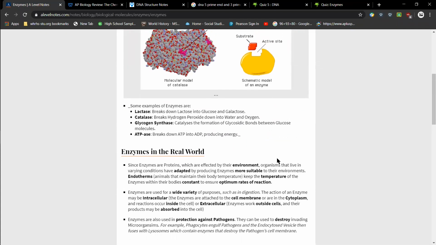So enzymes are really affected by their environment. Small changes in their environment can lead to their denaturation. If you remember from our proteins class, denaturation just means the protein's structure changes, and this leads to its function being impaired. So, for example, temperature is one thing that can denature an enzyme.